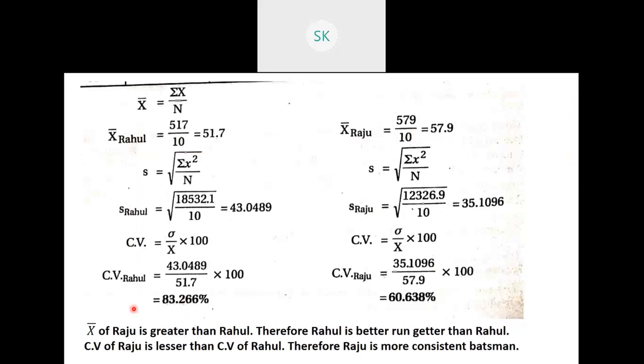So we have 10 data points. So x bar Rahul is equal to 517 divided by 10, and x bar Raju, the arithmetic mean for Raju's runs, is 579 by 10. So we get 51.7 as the arithmetic mean for Rahul, and 57.9 for Raju.